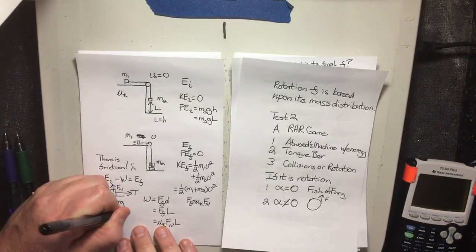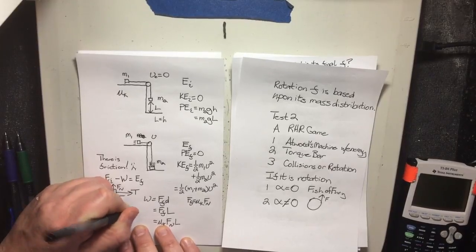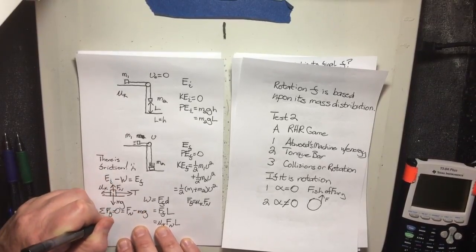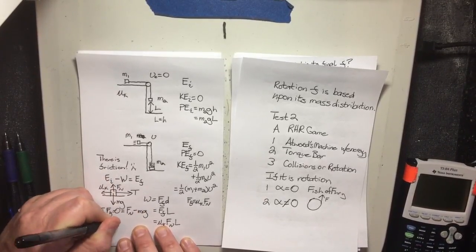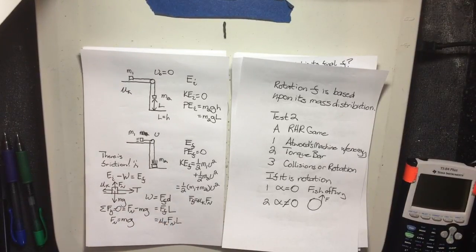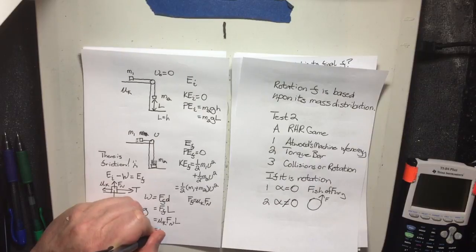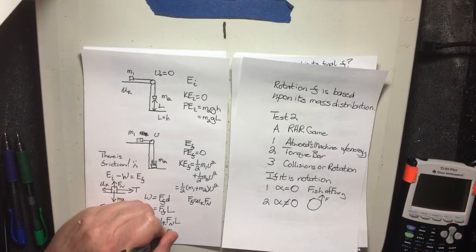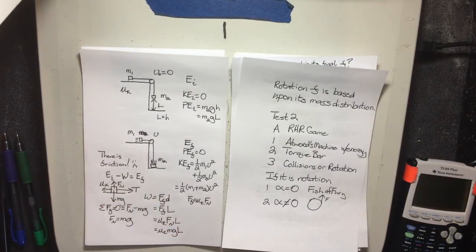So the normal force is equal to mg. So this becomes mu sub k mg L. And actually, real quick, which M am I talking about here?